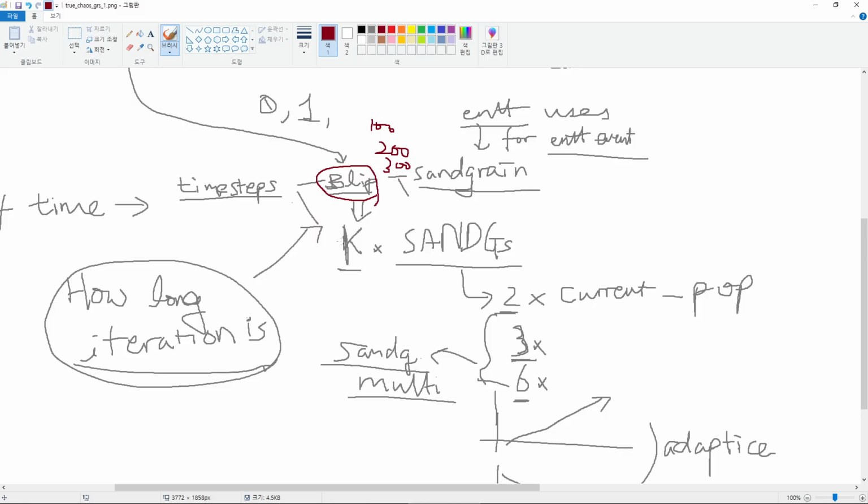But I also wanted to delve into this because I just wanted to know if changing the k, which is the sand grain multiplier, is different from just blindly increasing or decreasing the number of blips.